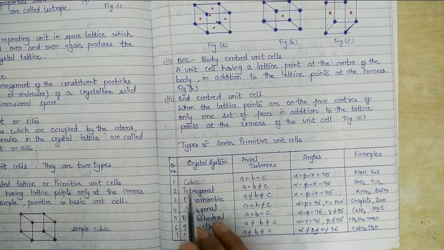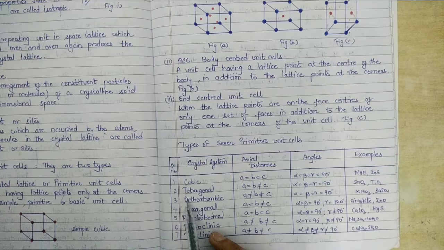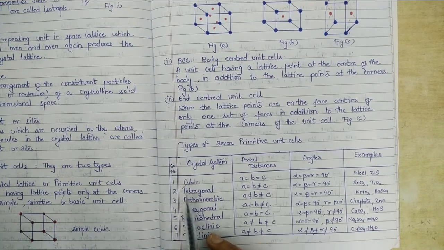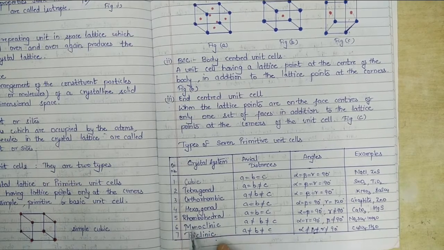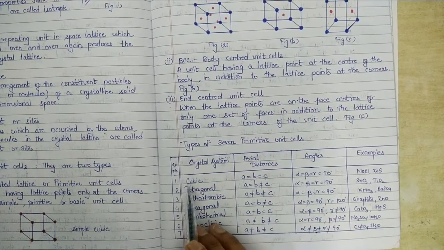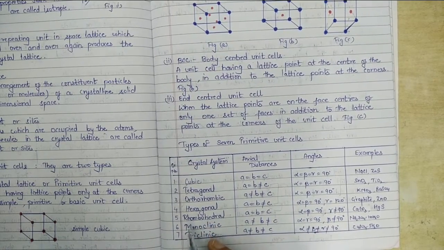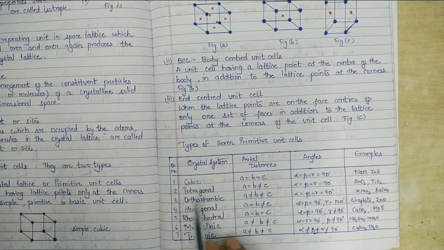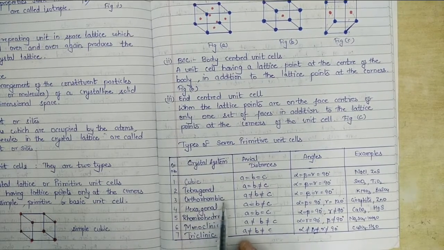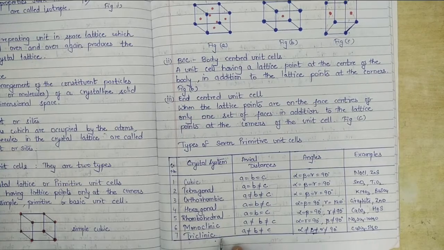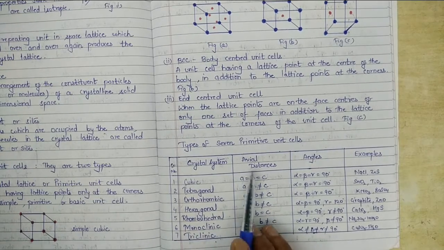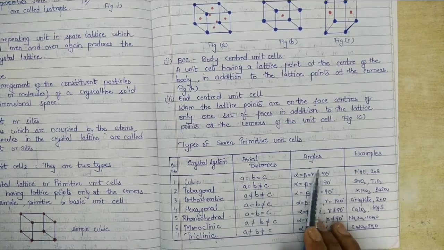To remember this, you can remember it like this: CTOHRMT. C for cubic, T for tetragonal, O for orthorhombic, H for hexagonal, R for rhombohedral, M for monoclinic and T for triclinic.